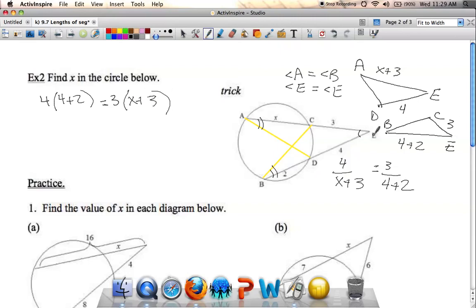So if you look at it, it's the piece of the secant on the outside times the whole secant equals the piece of the secant on this side times the whole one. So this is just algebra now. 4 times 6 is 24, equals 3x plus 9. Subtracting 9 from both sides, we get 15 equals 3x, or x equals 5.